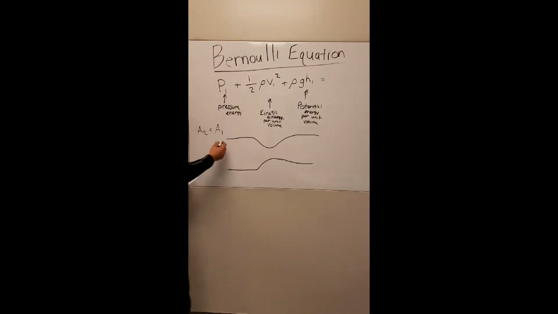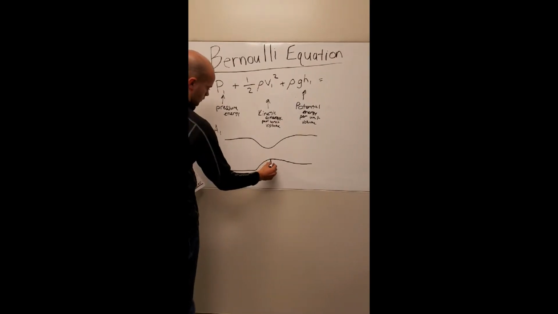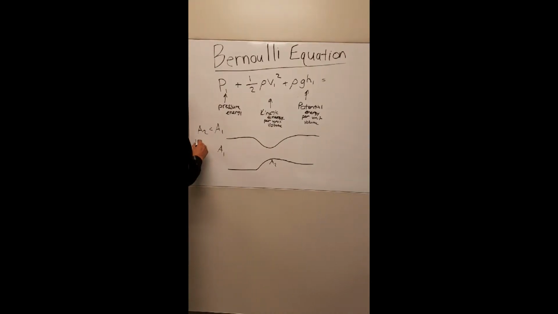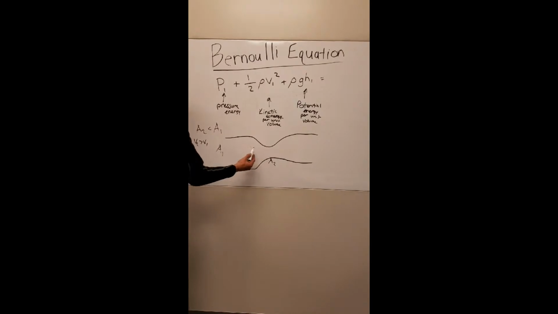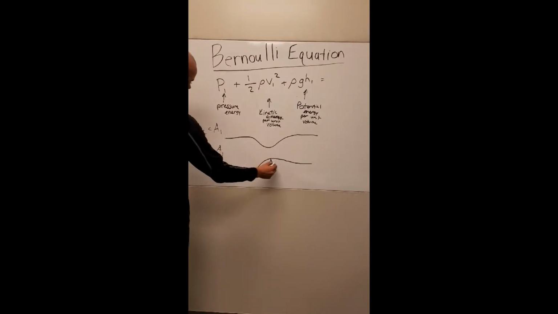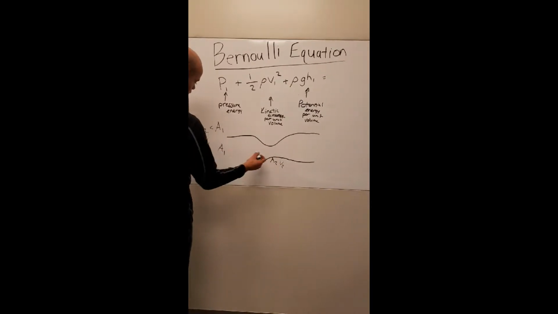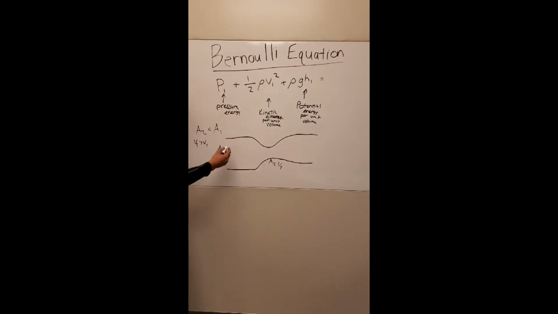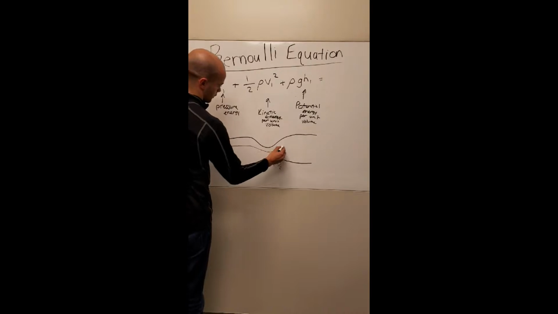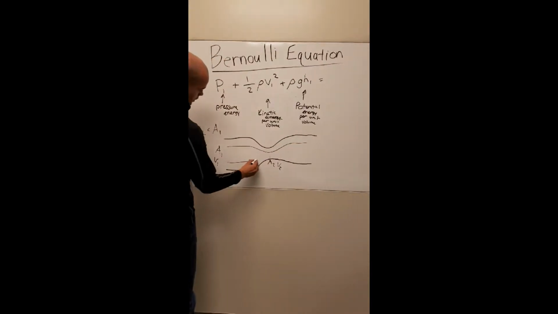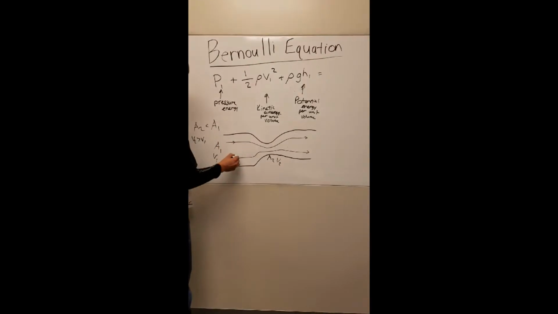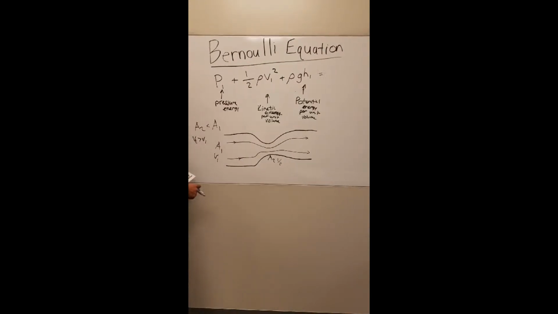So A1 would be your radius here, A2 is going to be that area there, and V2 is going to be greater than V1. V2 is going to be in the constricted area next to A2, and V1 is going to be out here. And the representation of the fluid going through would be like so. As you can see, it gets constricted in that area, so the velocity is going to increase.